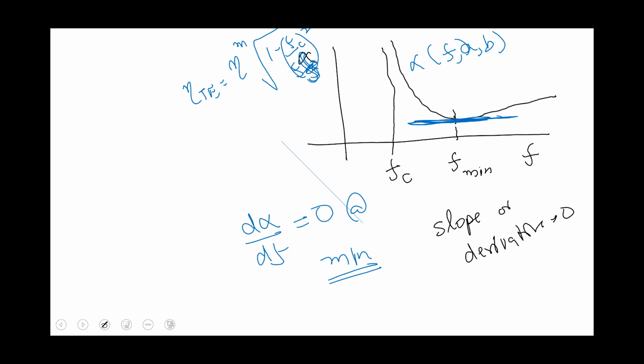So the intrinsic impedance is eta naught divided by the square root of 1 minus (fc/f) squared, sir. For TE, I thought TE is multiplied, isn't it? I'm trying to remember. Just a second. I may be wrong here. No, TE is multiplied. TM is divided.